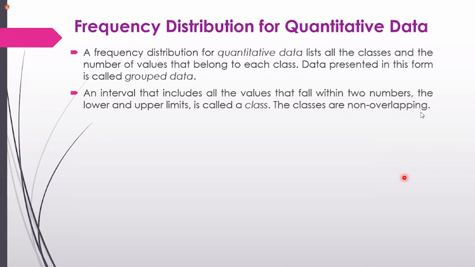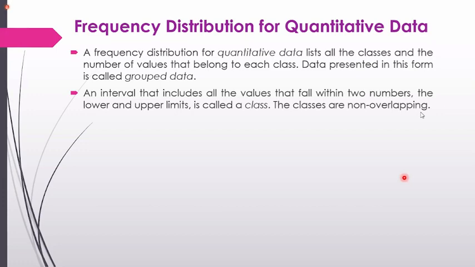Right. Now we are looking at how we can construct a frequency distribution for quantitative data. A frequency distribution for quantitative data lists all the classes and the number of values that belong to each class.